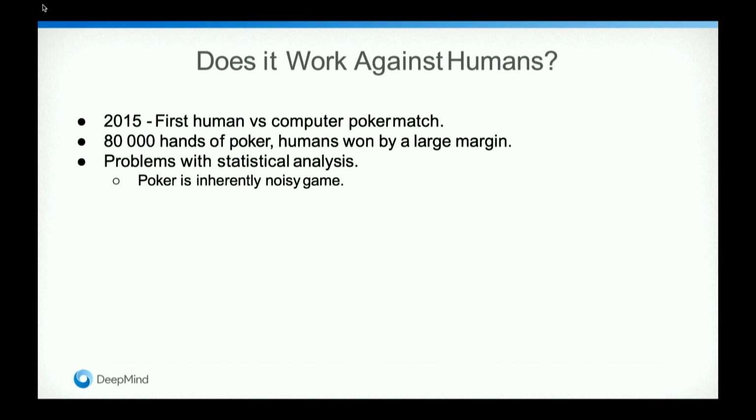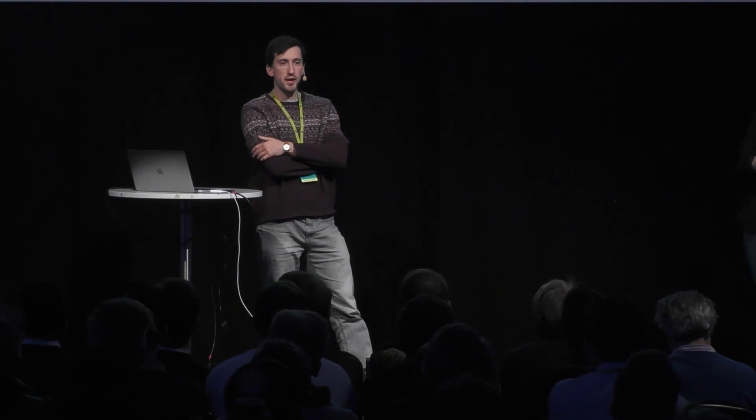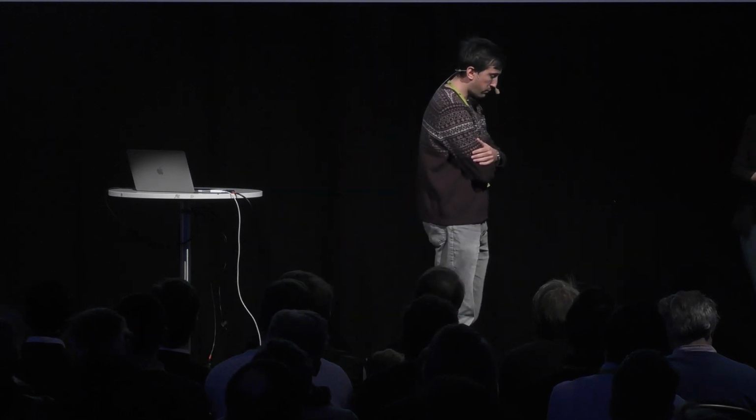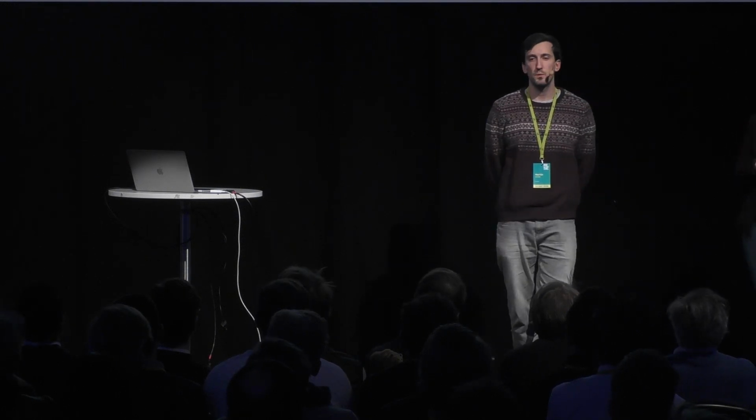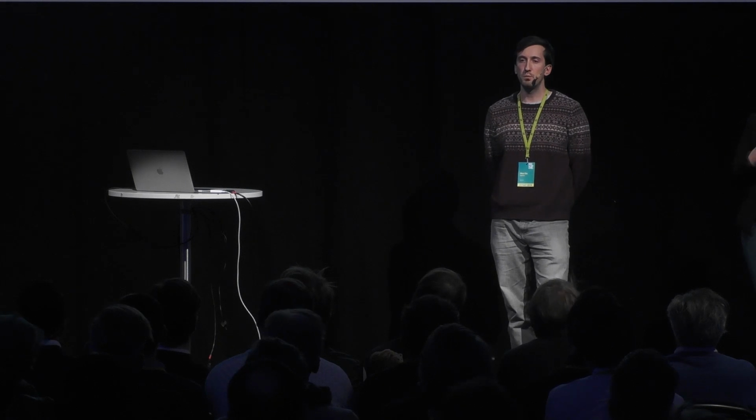Not only did they lose against humans, but it also showed another issue with running computers against humans in poker. The game of poker is inherently noisy. What I mean by that is we have to play a lot of games versus humans to be able to say, okay, I'm pretty sure that I am beating humans.